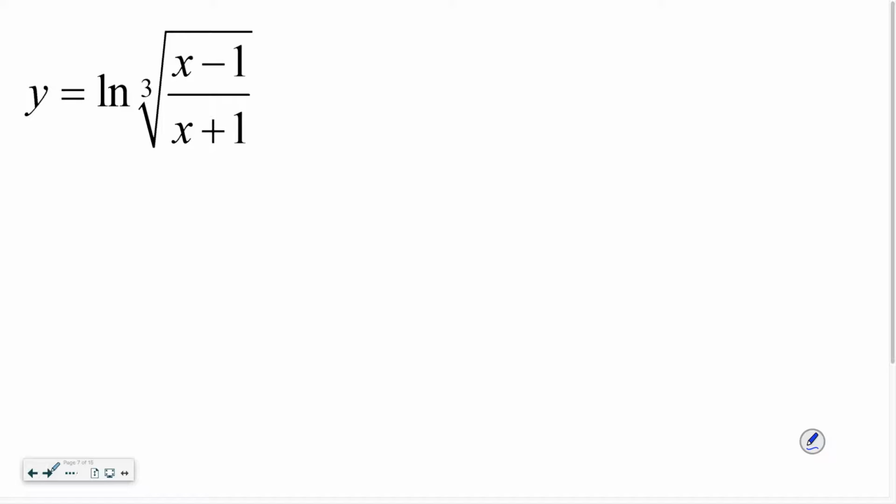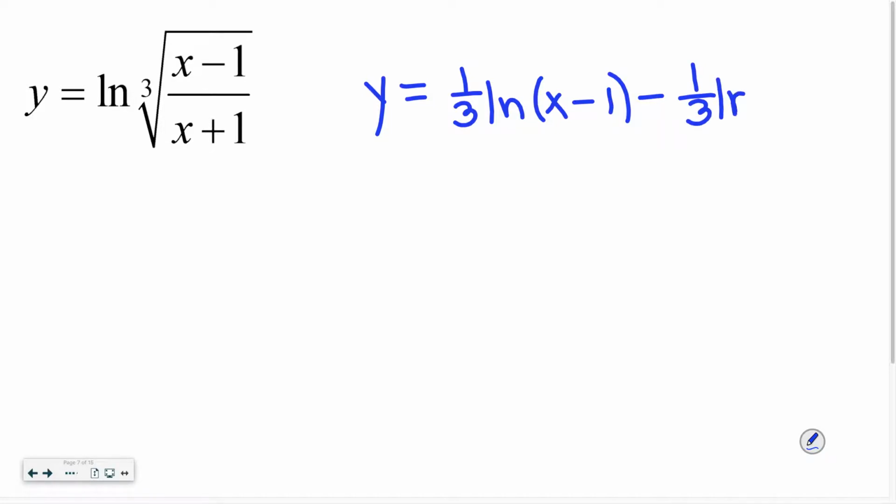We could keep it like it is and use the chain rule with a quotient inside of it. Or we could expand it using properties. We could rewrite y to be 1/3 natural log of x minus 1 minus 1/3 natural log of x plus 1.